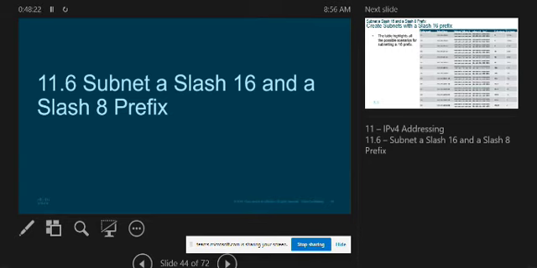So the Class C is not too much trouble to do this. We'll figure this out, and then we should be able to move backwards. The only difference is we're adding another octet that we can play with. We have more bits we can borrow. Because with the Class B, we have 16 host bits, all right? And where you're allowed to borrow is the host bits.